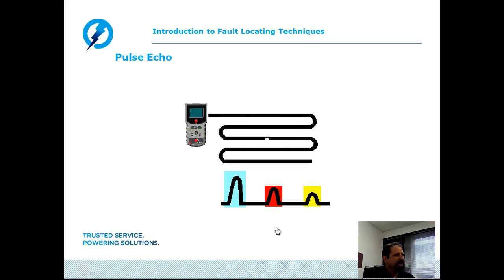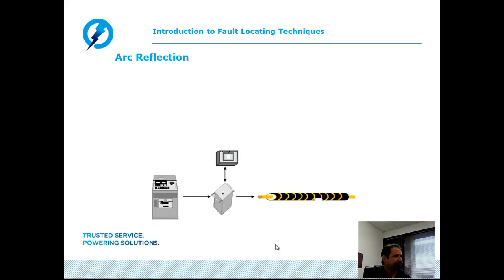So we can see that this technique, in essence, creates an electronic or graphical roadmap of the underground cable, showing different events along that path.